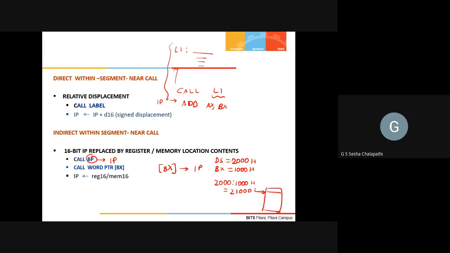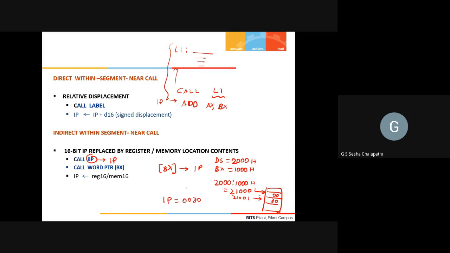Let us say that particular location has 00 and 30: 21000 is 00, 21001 is 30. Therefore, what will the IP value become? 0030?